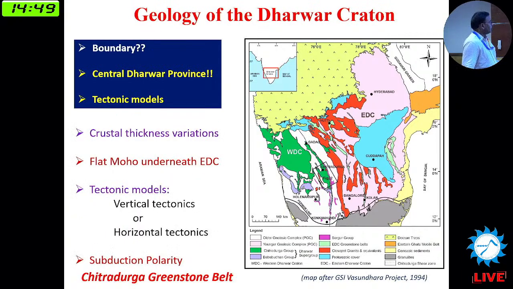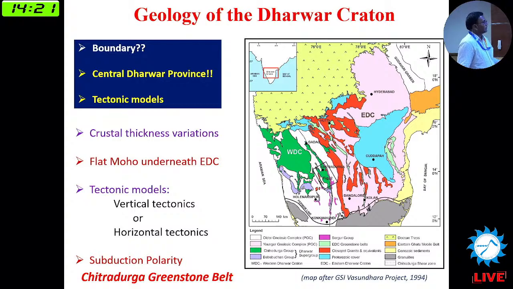Though people think that Dharwar is well studied and well understood, there are certain issues in the Dharwar Craton, such as the boundary between the western and eastern Dharwar Cratons. Some say the Chitradurga shear zone is the boundary, while other views hold that the Closepet granite forms the boundary. Some others propose that the western margin of Ramagiri-Kolar forms the boundary.